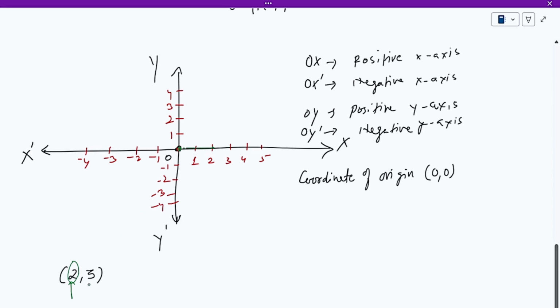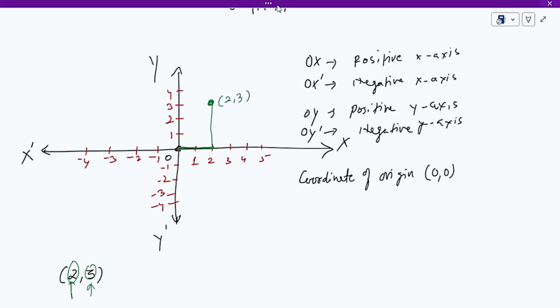Now on the y-axis we have 3 units. On the horizontal axis we have 2 units, and then in the vertical direction 3 units. Where do we end up? We end up over here. This point is 2, comma 3. That is the coordinate of this point, 2, comma 3.